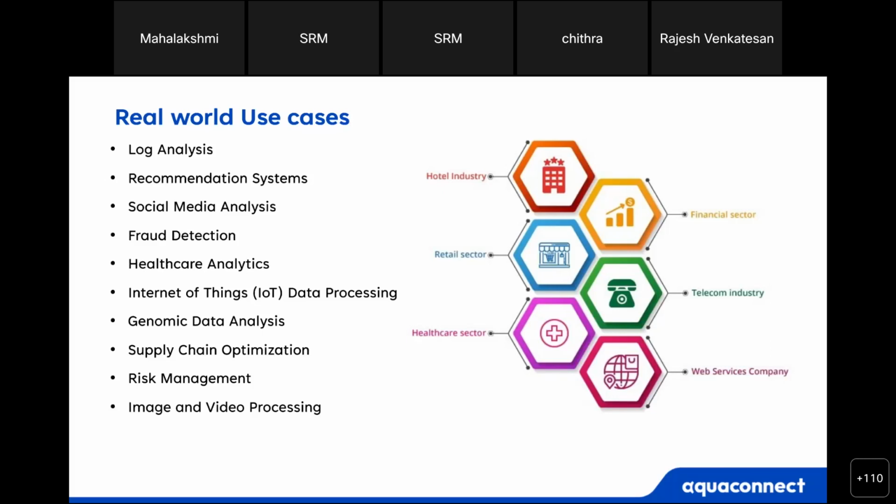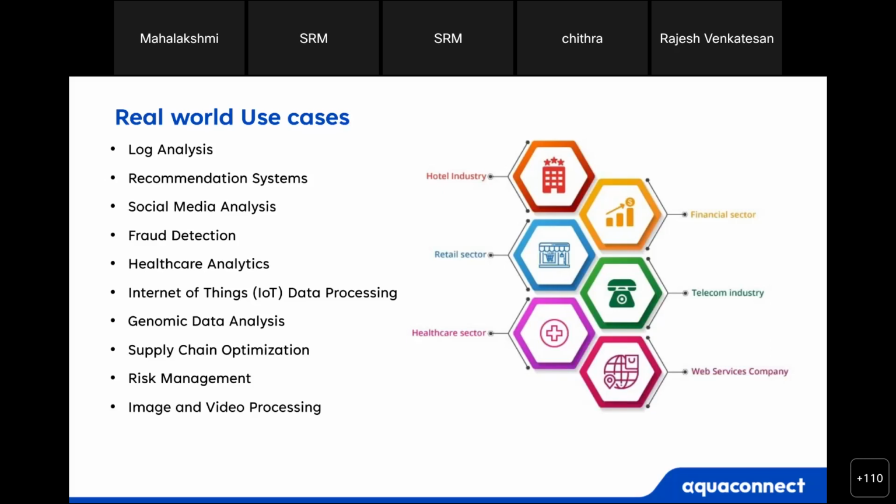Healthcare analysis: analyzing a large amount of patient data for electronic health records, for medical image research, for diagnosis and treatment optimization. IoT, Internet of Things data processing: handling the burst volume of data generated by IoT devices allows businesses to process the sensor data.